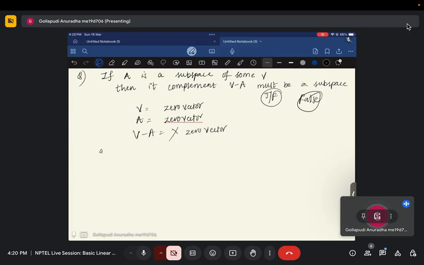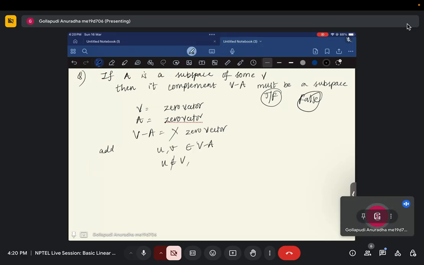And even if you see the addition, whether it is closed or not, suppose you take two vectors which are in the complement. Small v means the vector and capital V means space.